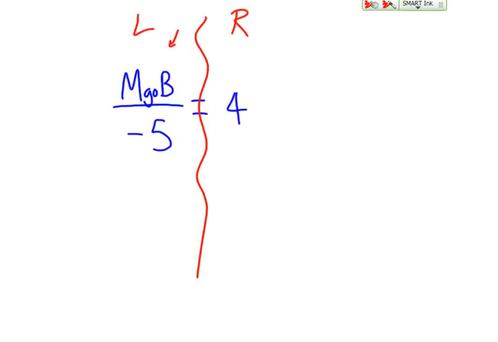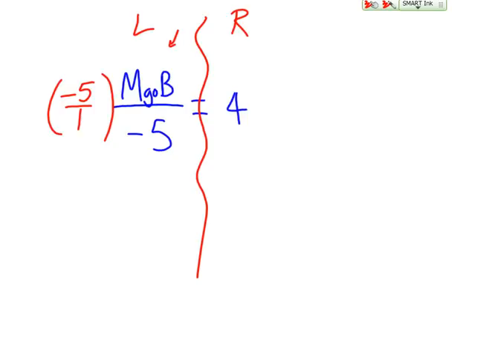So what we're doing here is we are dividing, so we have to do the opposite. We have to multiply. So if we multiply this by a -5, and realistically, what we're actually doing is multiplying it by -5 over 1, then it cancels out.